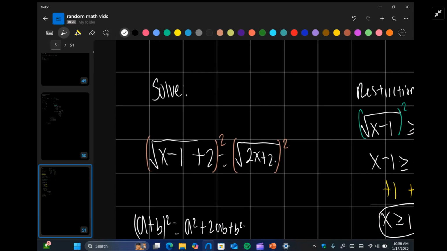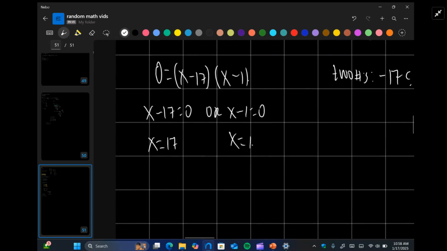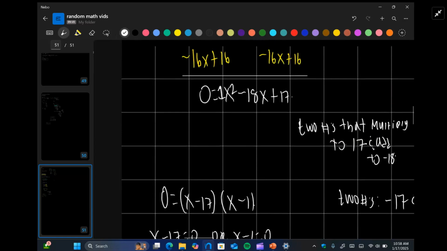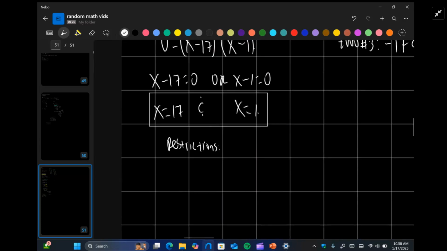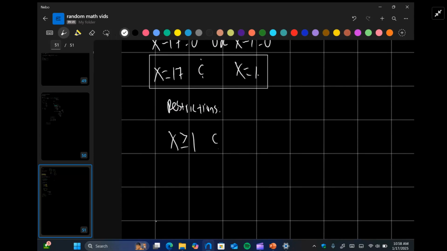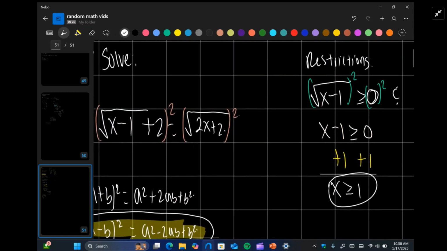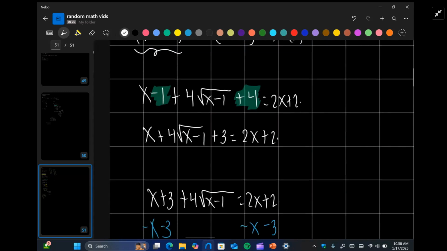The square root of x minus 1 plus 2 is 2x, which is equal to the square root of 2x plus 2. So we can clearly see that the two solutions are going to be x equals 17 and x equals 1, because, again, the restrictions were that x had to be greater than or equal to 1, and x had to be greater than or equal to negative 1, I believe.